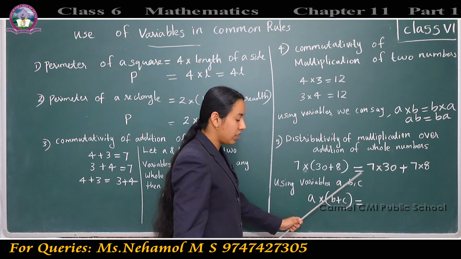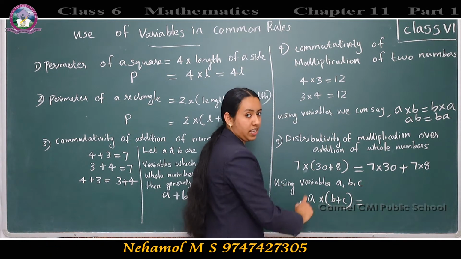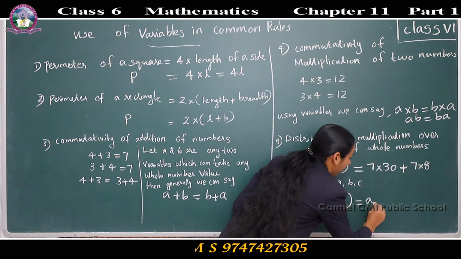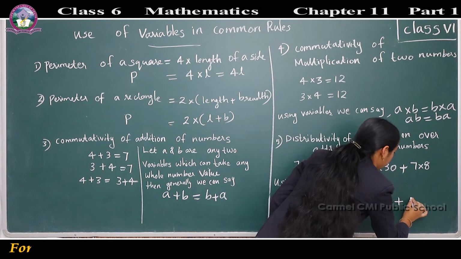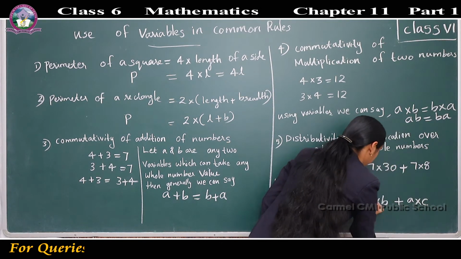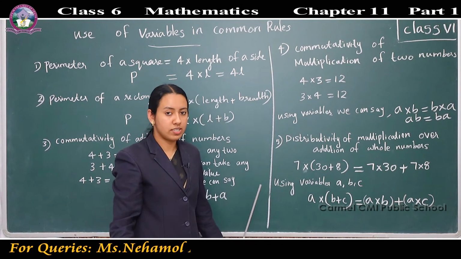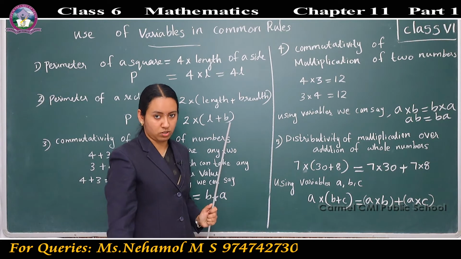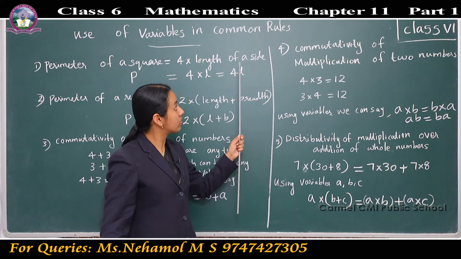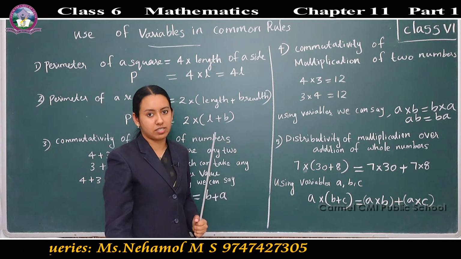Let A, B, C be any three whole numbers. Then A into B plus C is equal to A into B plus A into C. So, this is the use of variables in common rules. We can represent the rules or formulas in a general way using variables.